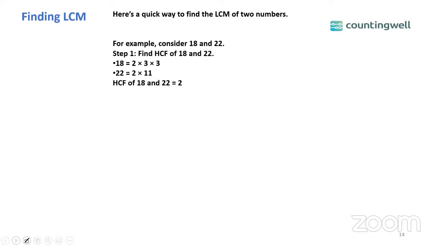Prime factorization of 22 is 2 into 11. So while finding HCF, we check the common factor, and then we take their product. Since here only 2 is common, that's why we have highest common factor as 2.